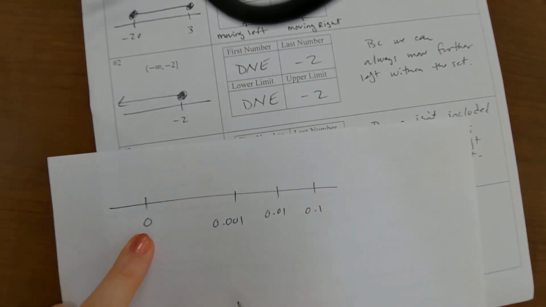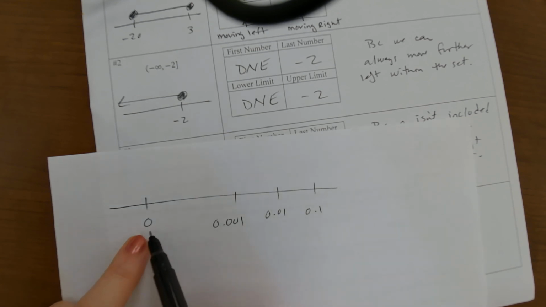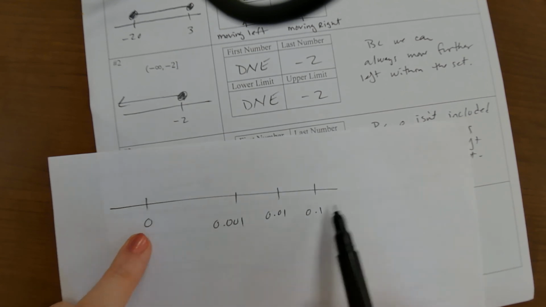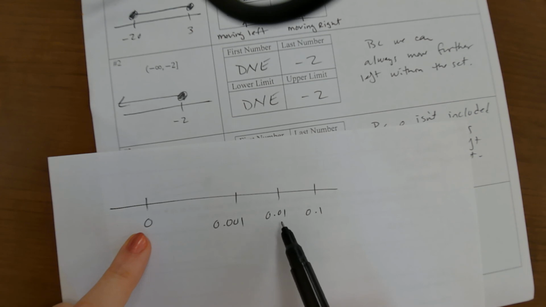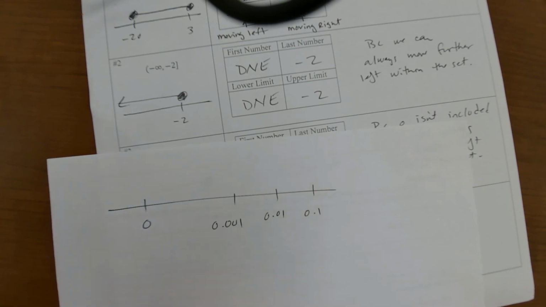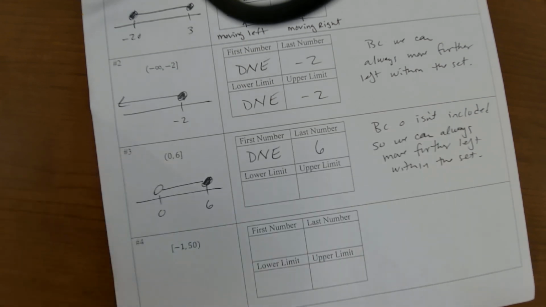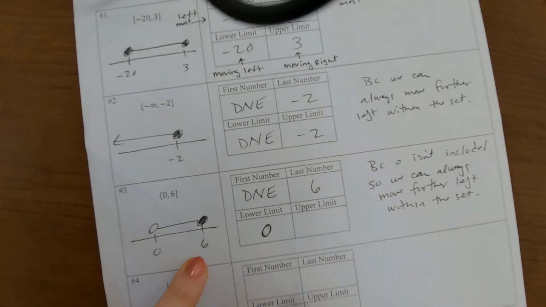It's 0. You can get as close as you want to 0. 0.1, 0.01, 0.001, 0.0000001. You could always get closer to 0, but we can't pass it. Okay, if we pass it, we wouldn't be in the set anymore. So the lower limit is 0.